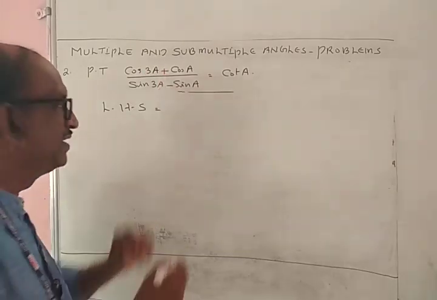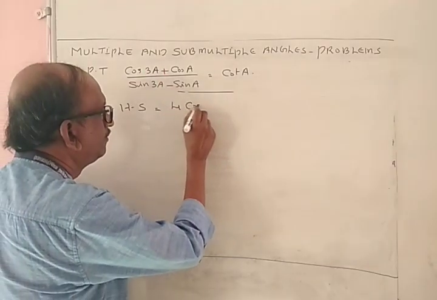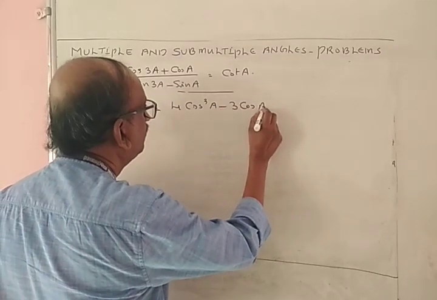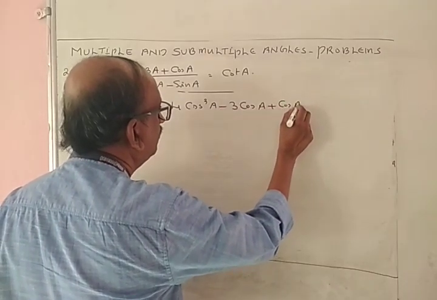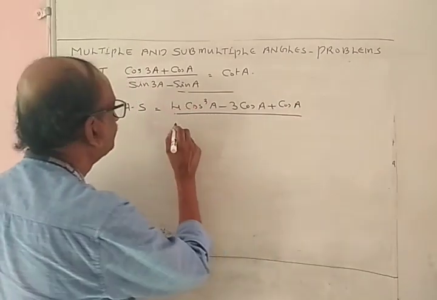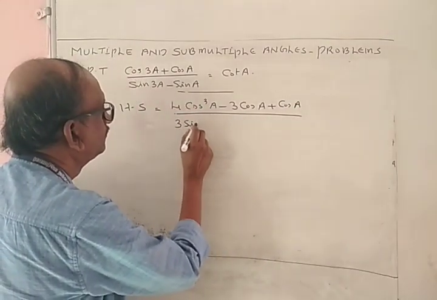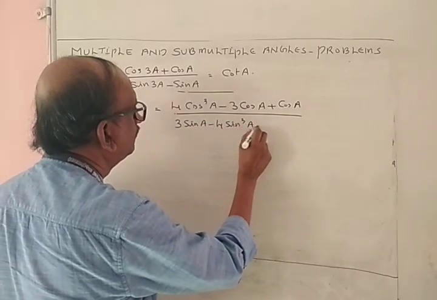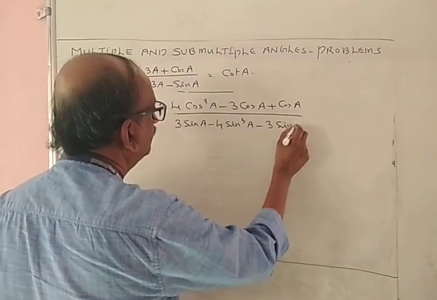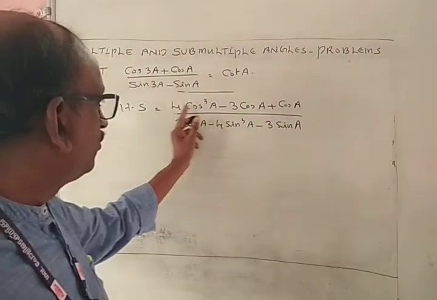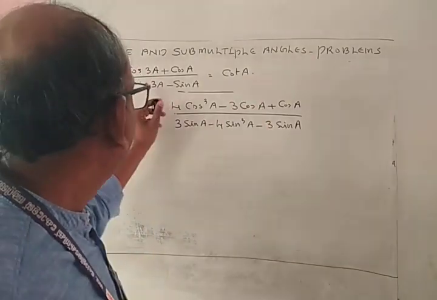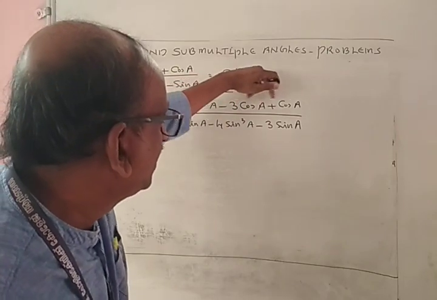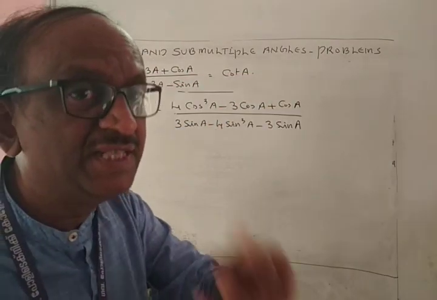Cos 3a is 4 cos cube a minus 3 cos a, and sin 3a is 3 sin a minus 4 sin cube a. Here minus 3 cos a, here plus cos a. Minus 3 plus 1 is minus 2.